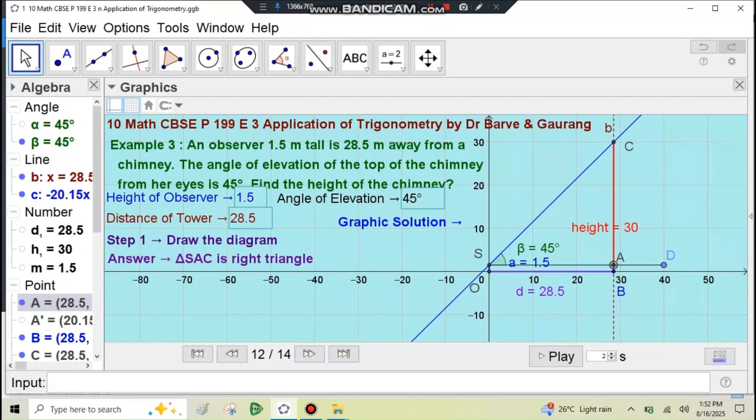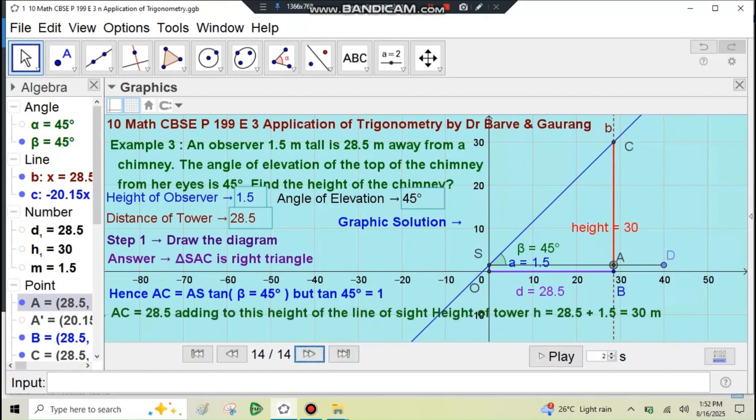So SAC is a right triangle. The base is 28.5 and angle is 45 degree. So AC is AS tan beta, which is 45 degrees, and tan 45 degrees is 1, and therefore that also works out to be 28.5.